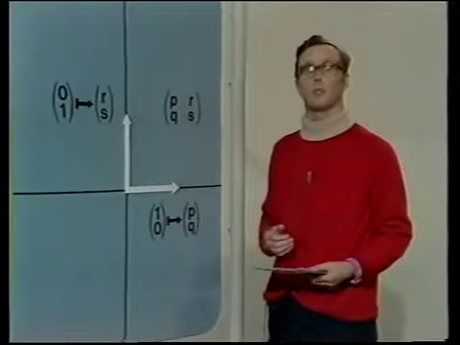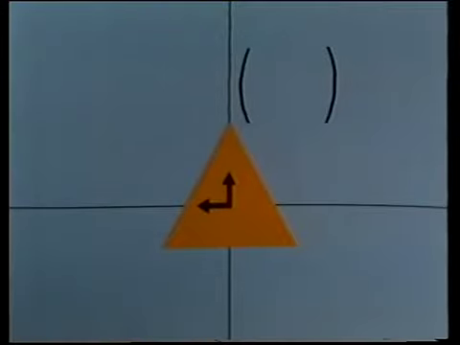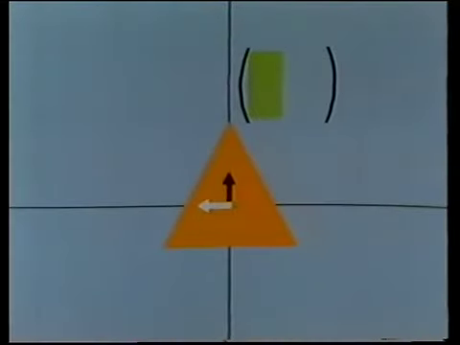Let's now try this with the symmetries of the triangle. We'll flip the triangle about the vertical axis. Watch what happens to the basis vectors. Now let's calculate the matrix. Start with the first column. That's the image of the first basis vector.